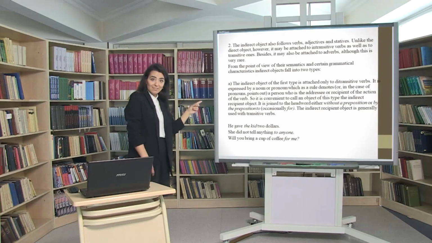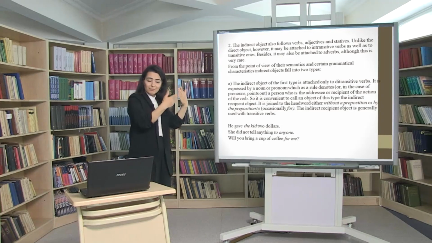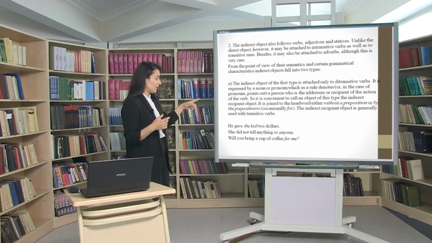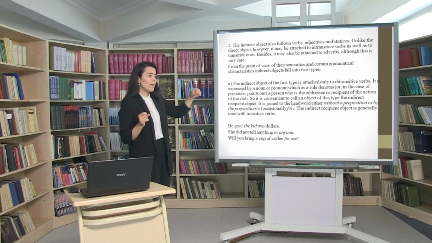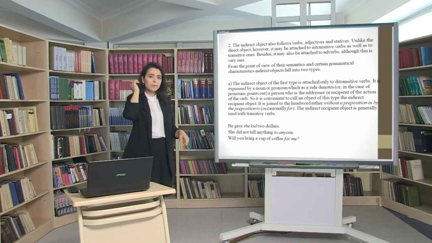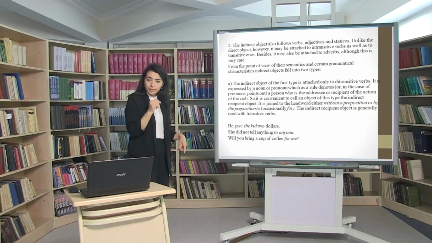The kid is the recipient of this action. They received $2. You shouldn't pay attention to the word order in the sentence, because the direct object can be followed by the indirect or vice versa.